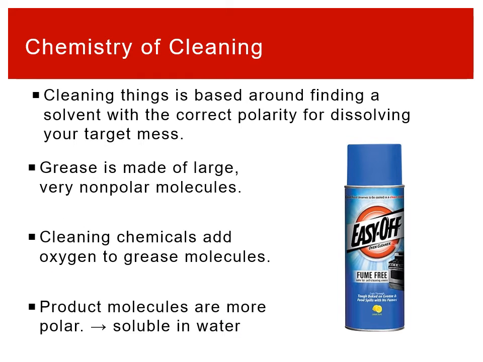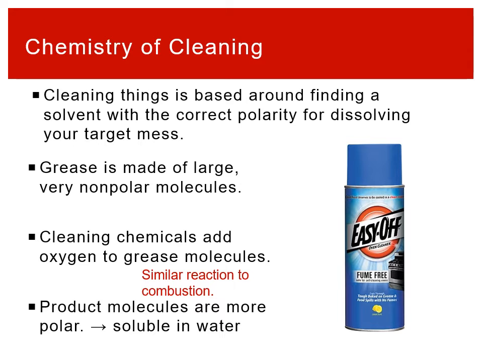When we're cleaning up things, grease and oil are generally very large, very non-polar molecules. So when we think about chemicals that do cleaning, like Easy Off, which is oven cleaner, how it functions is it reacts with those grease molecules that are caked on or cooked into grease. Those are just really big non-polar molecules. What it does is it reacts with those molecules and adds oxygen.